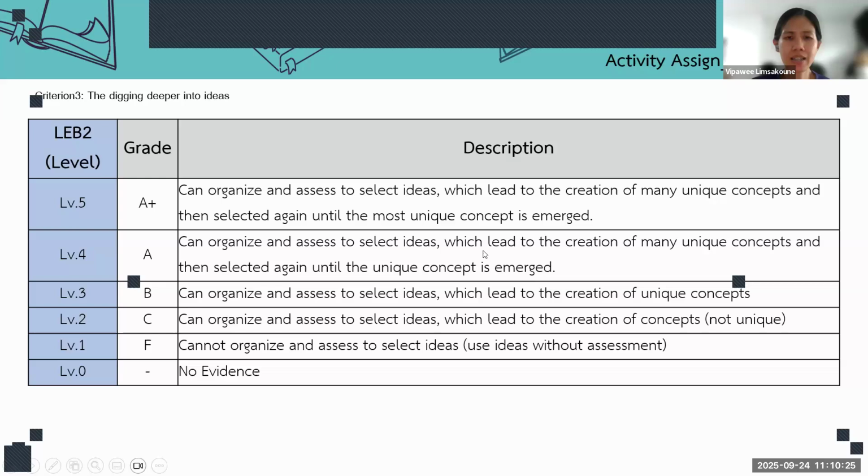You can organize and assess to select ideas which lead to the creation of many unique concepts, and then select again until the unique concept emerges. So when you come up with ideas and then you use the tools to analyze them, and then you select the finalized one, okay? This one until the most unique concept emerges.